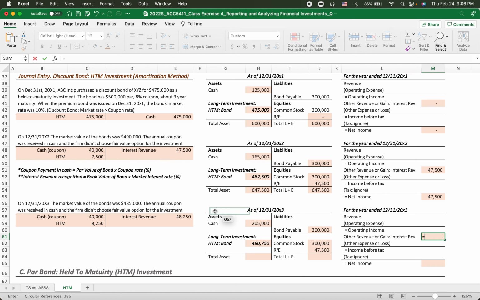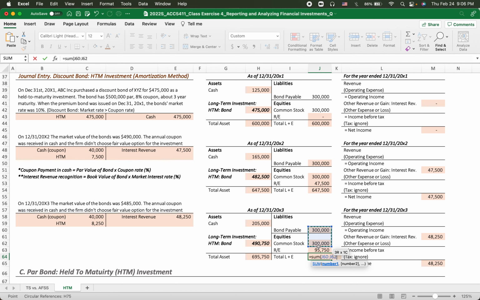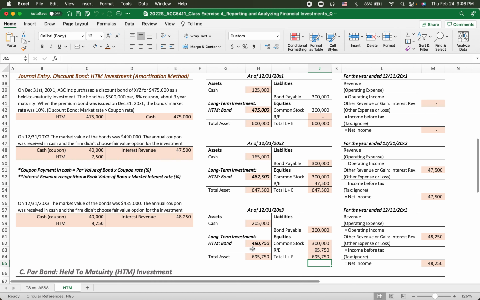Interest revenue is 48,250. Then if there's no other transaction, this retained earning is now increased. Now we got this balanced out, right? Okay, good.